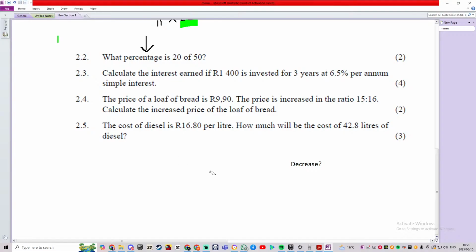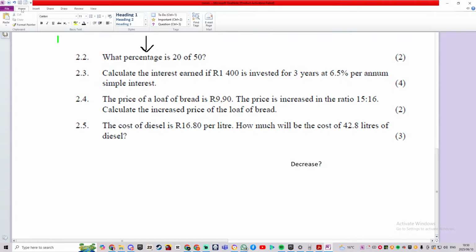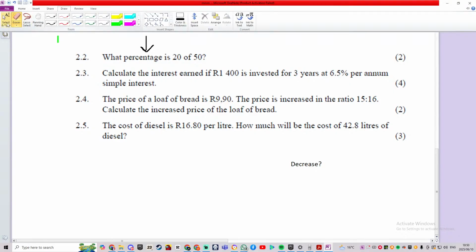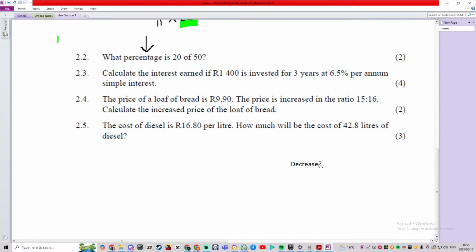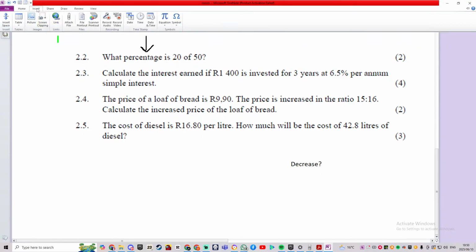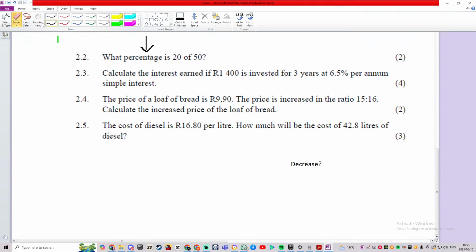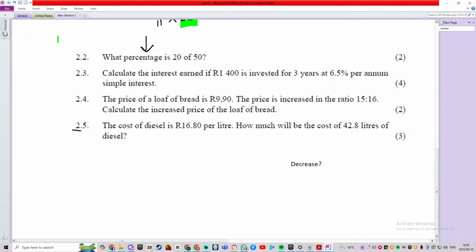Let's have a look at 2.5. Just highlight 2.5 here. The cost of diesel is 16,80 rand per liter. Understand it now?